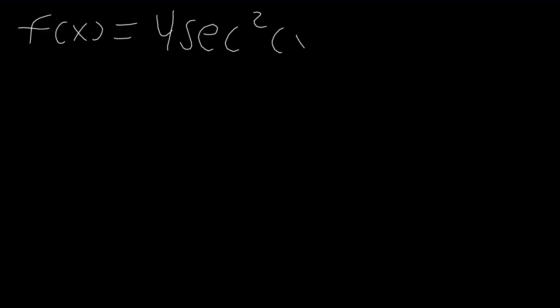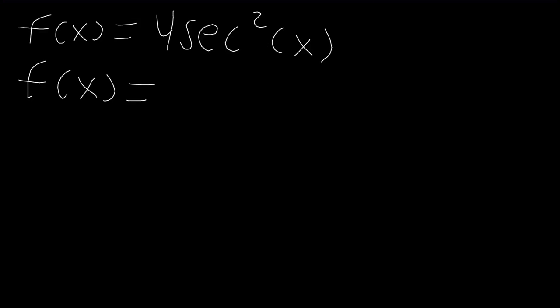Let's do another example. Let's find f prime of x if f of x equals 4 secant squared of x. So the first thing we want to do here is we don't like the squared right there.